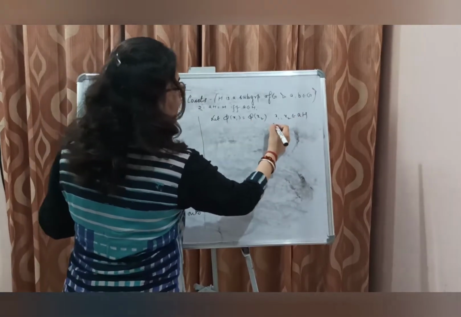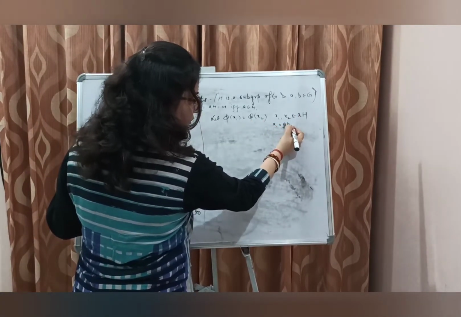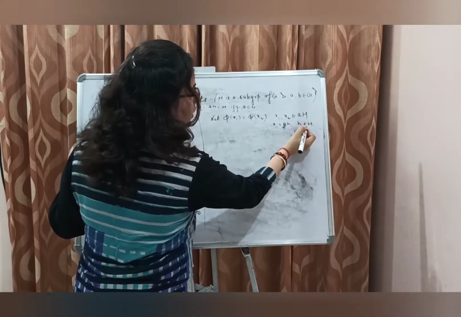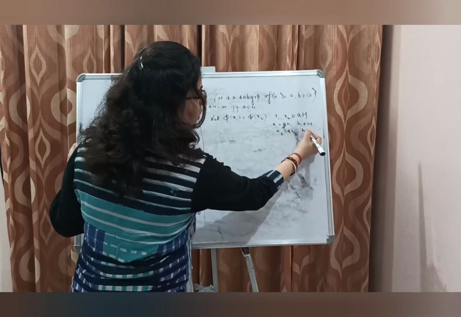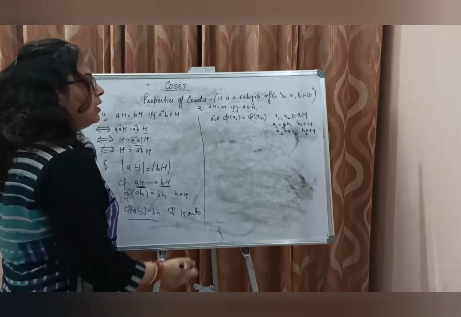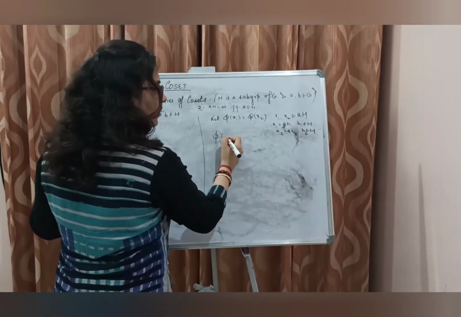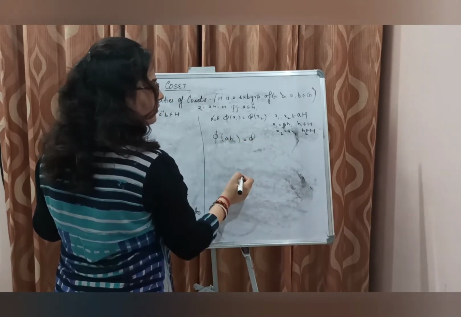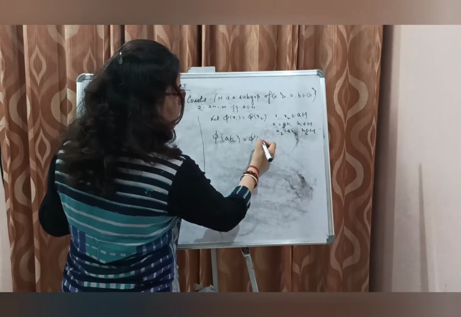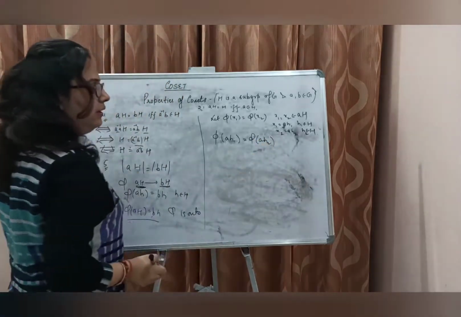This implies x1 is equal to A h1 for some h1 belonging to H, and x2 is equal to A h2 for some h2 belonging to H. So phi of A h1 is equal to phi of A h2.